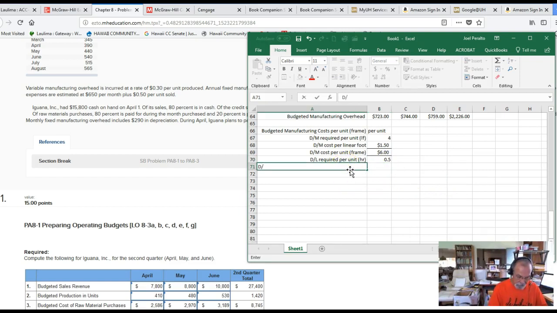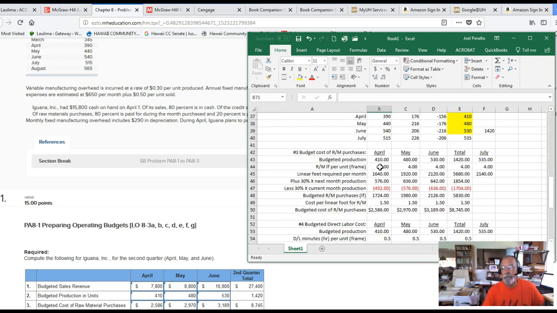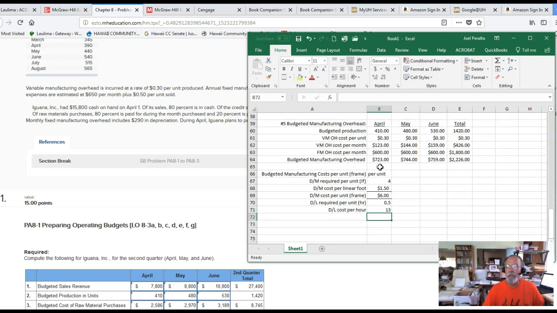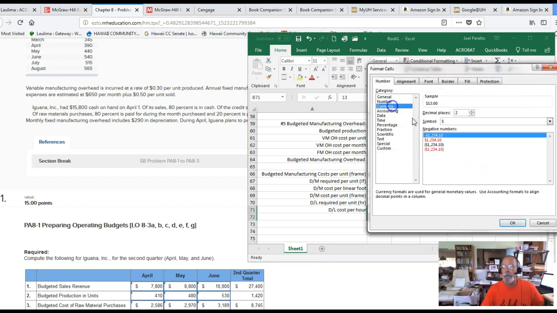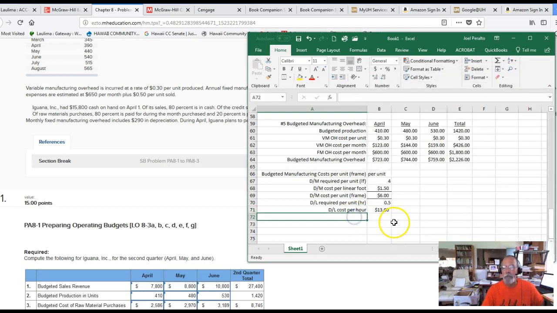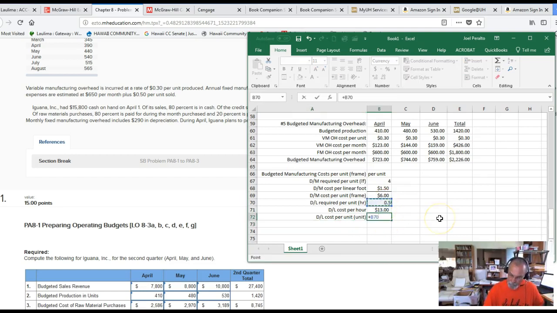And then our direct labor cost per hour, and I believe that was 13. And let's format that as currency. So this is our direct labor cost per unit. Half an hour times $13 an hour, $6.50.